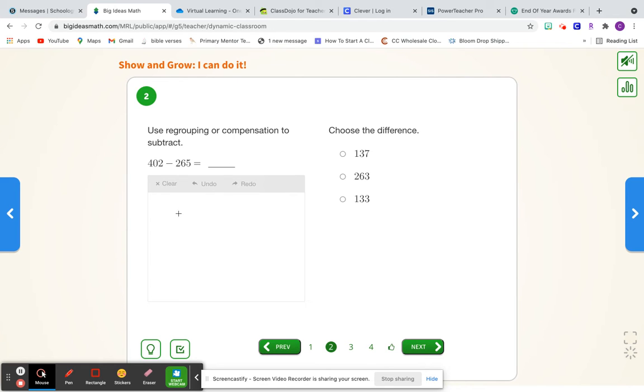All right, this one we're going to do with regular regrouping, because taking 1 away is still not going to make this answer right. But what we can do is take 3 away.